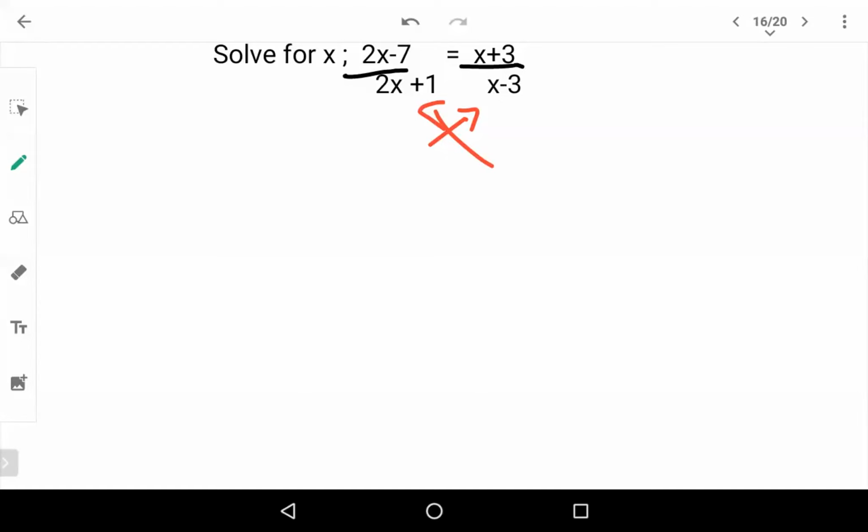X is equal to 14. No, x is not equal to 14. You get a fraction. Okay, let us solve it together.